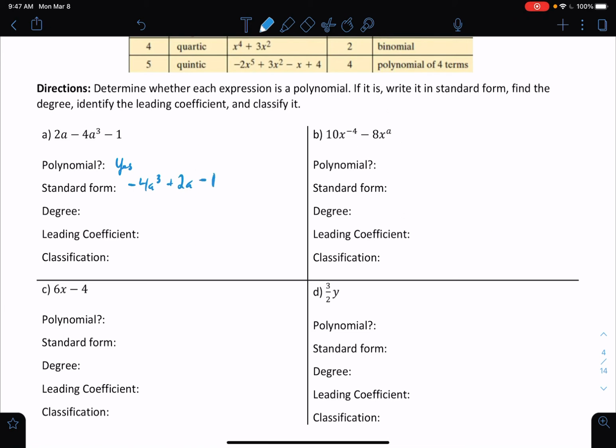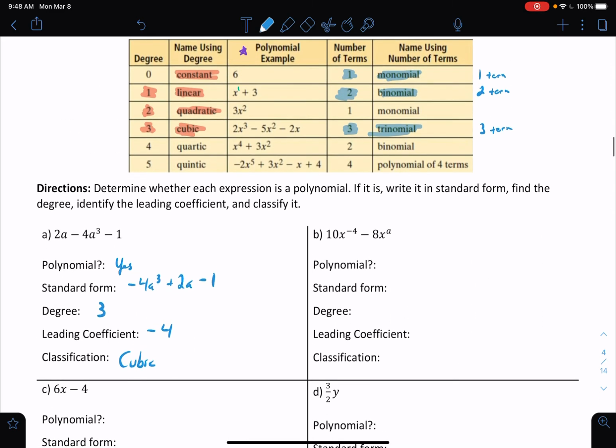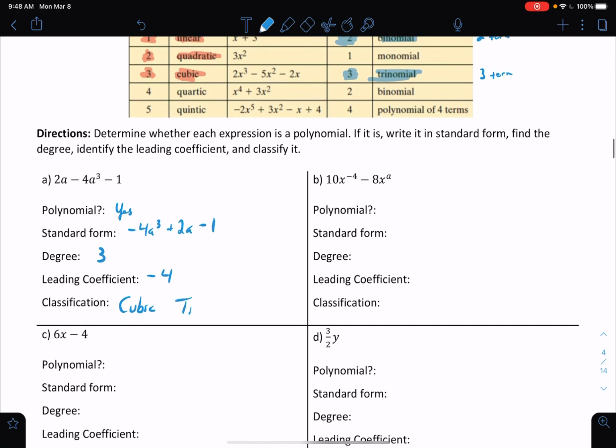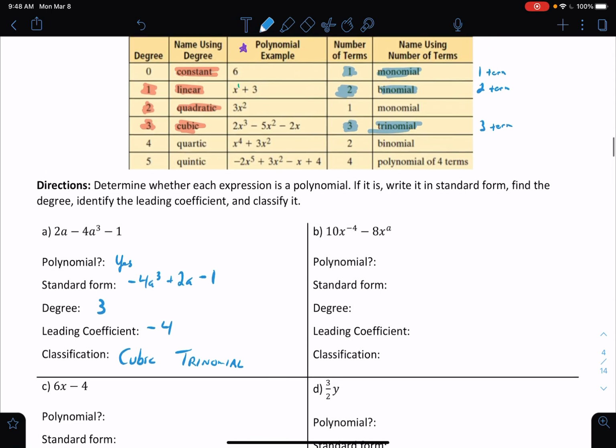So negative 4a cubed plus 2a minus 1. The degree is the exponent on the highest term. So that's going to be 3. The leading coefficient is the number on that first term, which is negative 4. And the classification is that this is a cubic, because that's what it is based off its degree. It has an exponent of 3, so it's cubic. And there are 3 terms, so this is a cubic trinomial. All right, make sure you study this chart and understand those words.